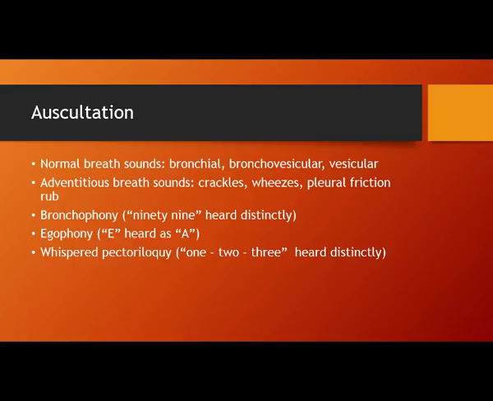If you suddenly hear it distinctly in a spot, that could be a sign of consolidation. Another variation on the same idea is egophony. You ask them to say E, and normally you would just hear it as E. Abnormal, you would hear it as A.